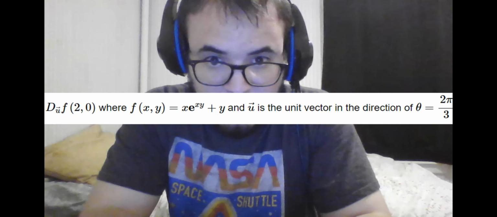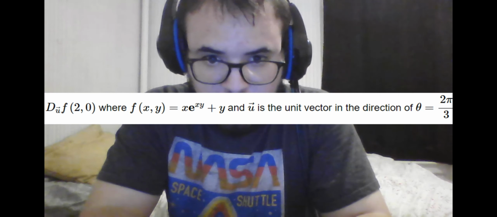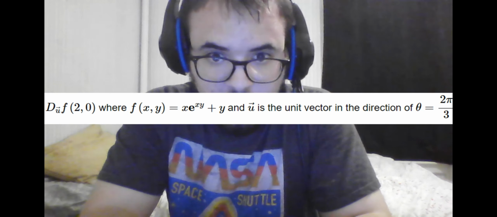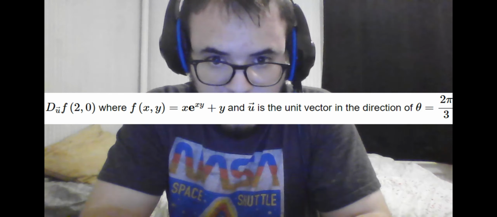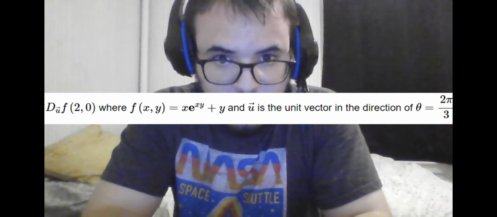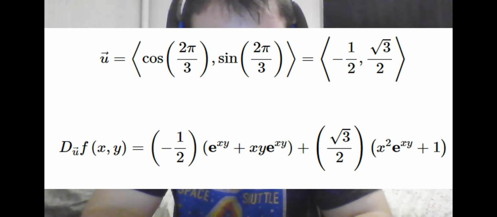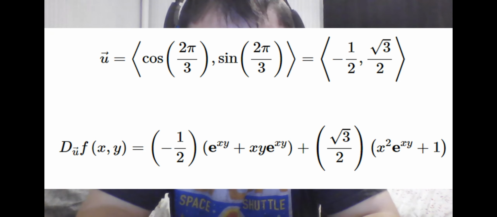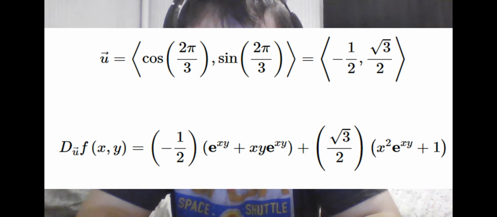So if we are given a specific direction and a specific function, we can compute the directional derivative by first taking the unit vector, or vector with length 1, calculating its components using trigonometry, and then simply multiplying the x component of the unit vector by the partial derivative with respect to x, and the y component of the vector with the partial derivative with respect to y, and then adding them as indicated by the general formula for the directional derivative.